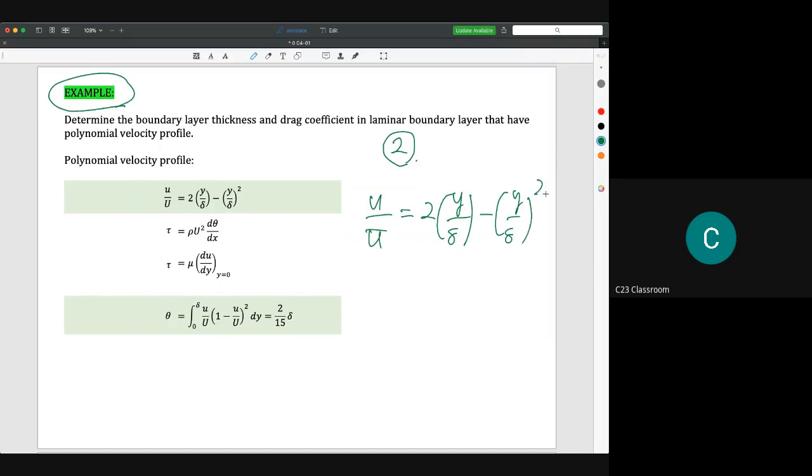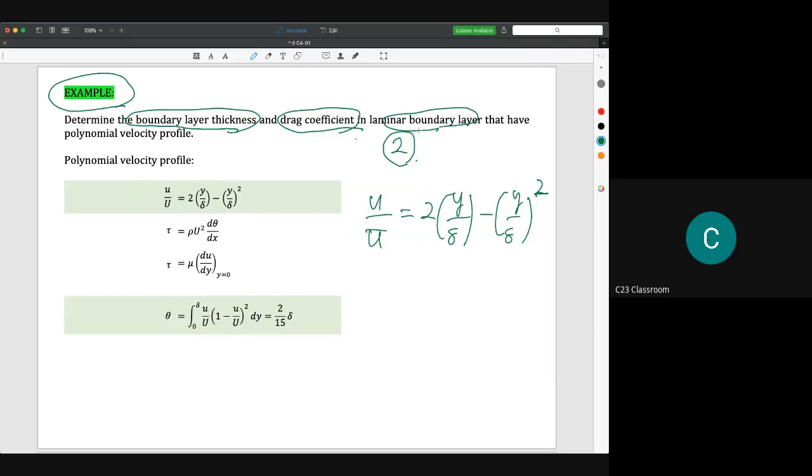And we need to determine the boundary layer thickness and the drag coefficient in the laminar boundary layer. Now we are focusing on the laminar boundary layer because, as I said at the beginning of chapter 4, the boundary layer also has laminar and turbulent regions.